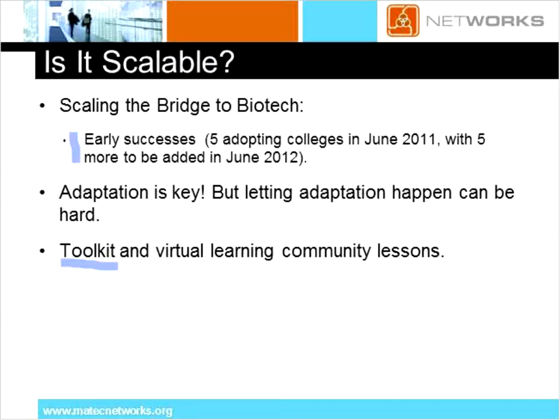We talk about common challenges and how their replication and adaptation efforts are going at their sites, and we problem solve together and try to figure out how to get things working and moving on their campuses. We're learning a lot from them just as they're learning from us.